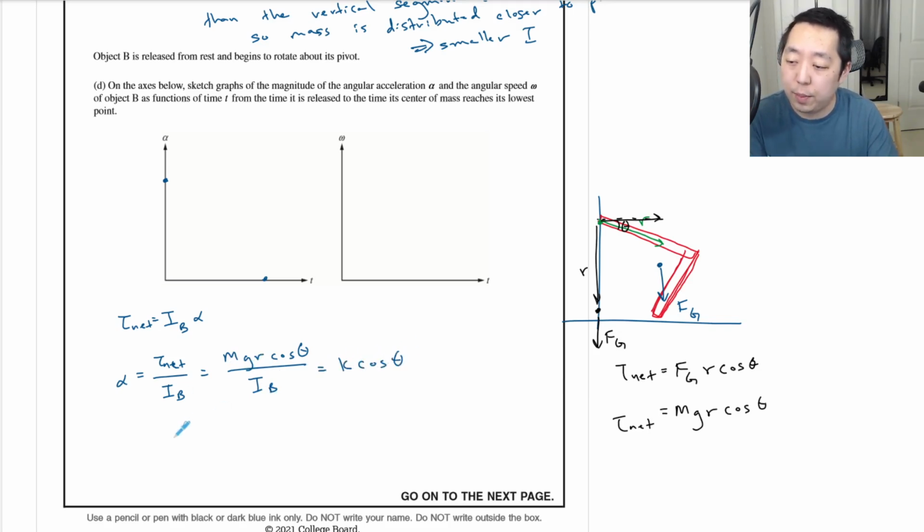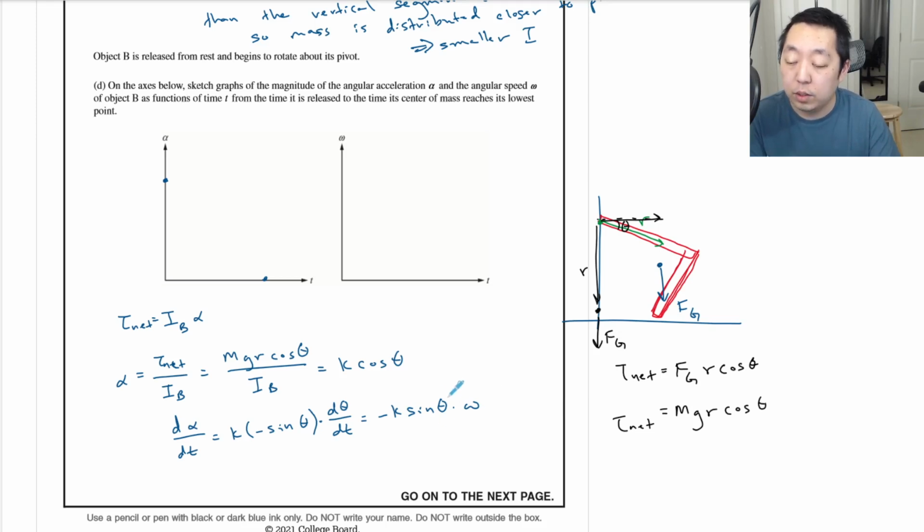So let's look at the derivative, d alpha dt. That will give us the shape. Hopefully we'll find that this is decreasing. Well, this is k. The derivative of cosine is negative sine theta, but then I have to multiply by the derivative of theta, which is d theta dt. That's negative k sine theta times omega, because the rate of change of theta is the angular speed.